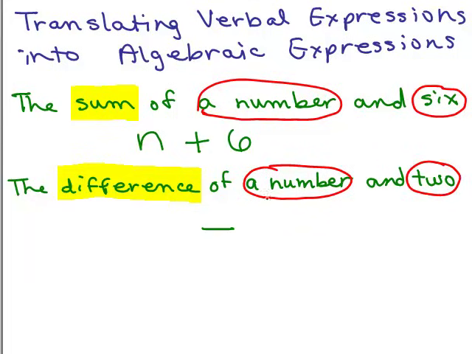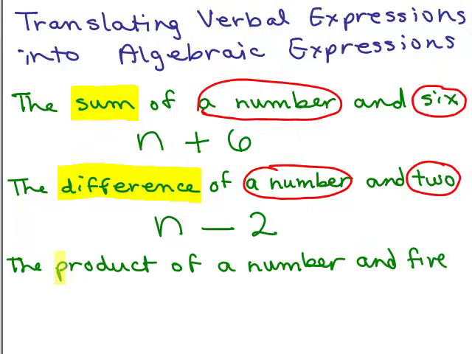So whatever comes first, you'll put before the minus sign, and what comes after the word and is what you would subtract. That's how you would differentiate what goes first and what comes second. So again, let's just use n to represent the number. It has to be a variable, and 2. So n minus 2 is how we would write the difference of a number and 2.